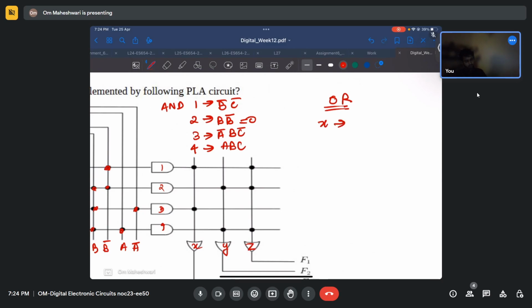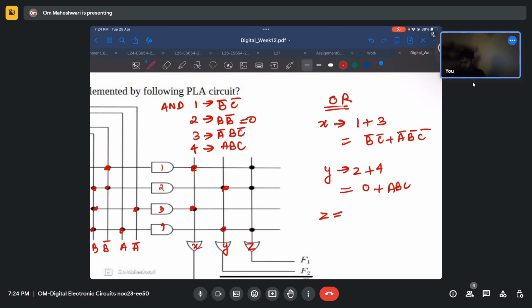In X we have 1 and 3. 1 plus 3, that is B bar C bar plus A bar B bar C bar. In Y we have 2 and 4. 2 plus 4, that is 0 plus ABC.